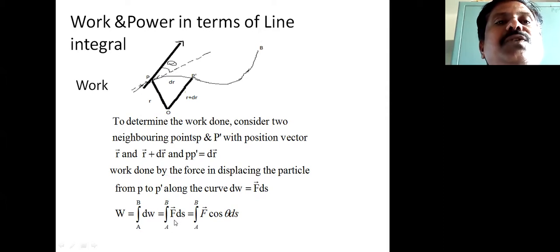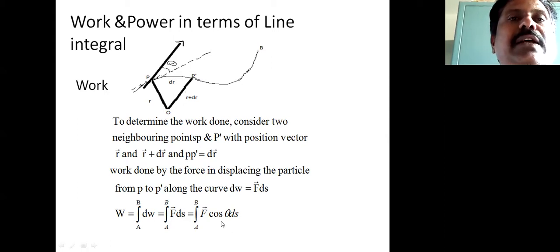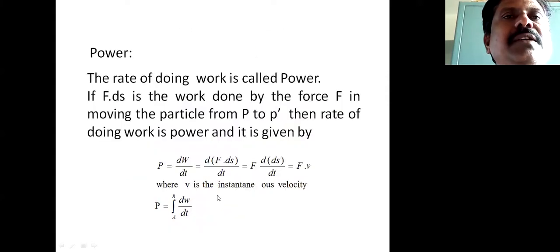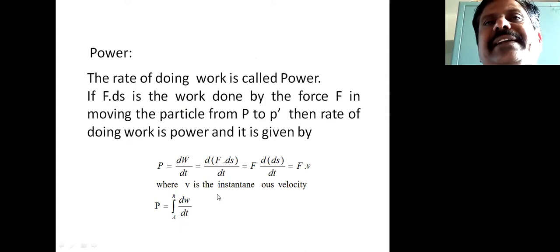But dW equals F dot ds, and F makes a certain angle with the displacement of the object, so we get F cos theta ds. This is the amount of work done in shifting the object from the point A towards B along this path, in terms of line integrals.